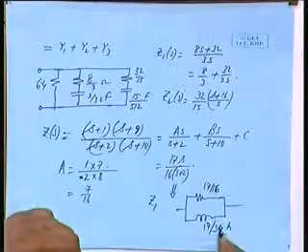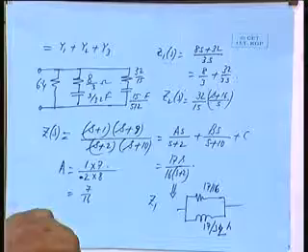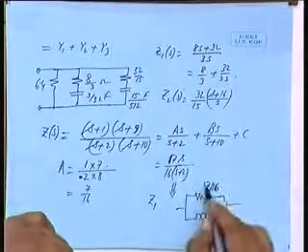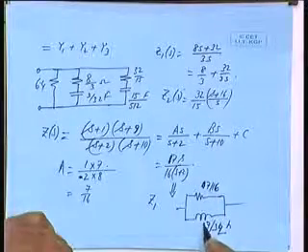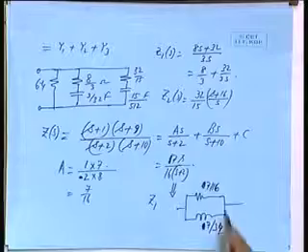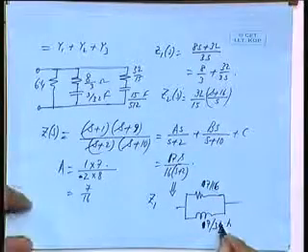Is that all right? 7 by 32, 16 into 2, 32. Oh, 7, not 17, sorry, thank you very much, it is 7. 7 by 16 ohms resistance and 7 by 32 Henry inductance.